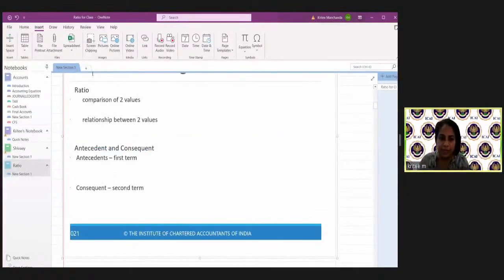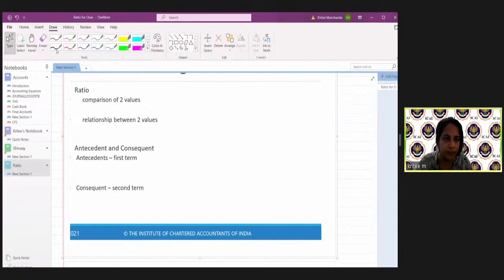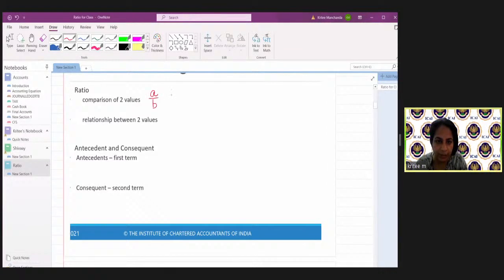So exactly this is what I was talking about. When I say ratio, I mean it is A by B, or we write it as A is to B. That is a comparison between two variables.